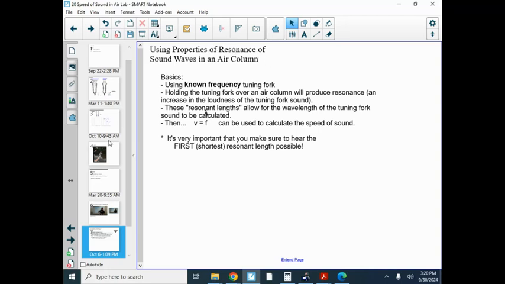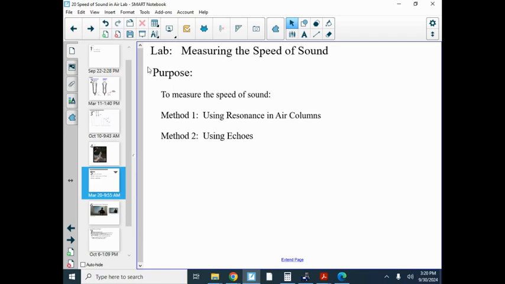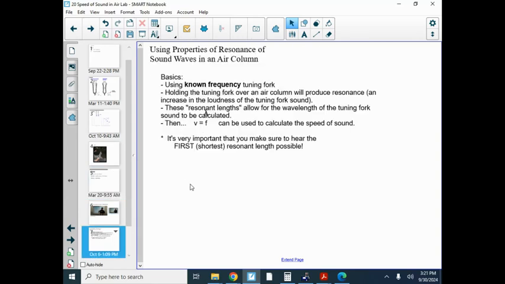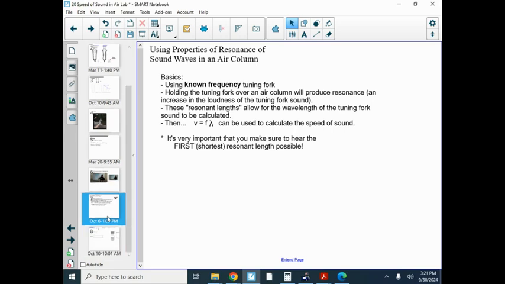So using properties, measuring the speed of sound, the purpose of the lab is measuring the speed of sound. And so method 1 is using resonance and air columns. So that's this, using a known frequency. This is just the basics of what we did. When I was doing it with a class, of course, it was sending them into the lab to do the work. So this is just a description, but it might help you keep track of what the heck's going on.